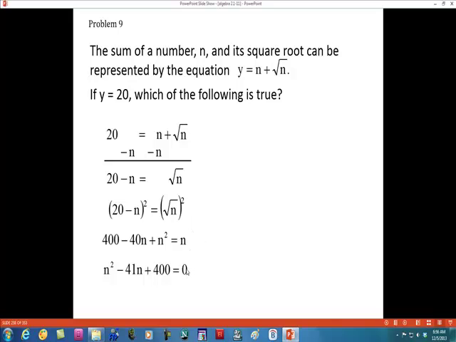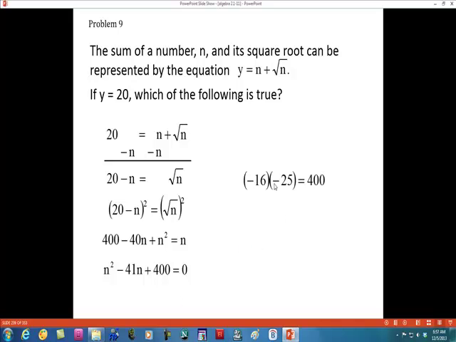So I'm getting 0. If I want to have a 0 on the right side, I'll subtract n from this. So I already have a negative 40 and a negative 1. Okay, that's how I'm getting n minus n is 0. So now I have to solve this for n.